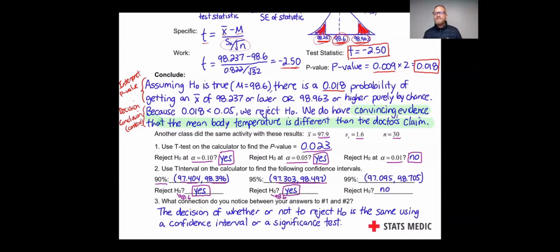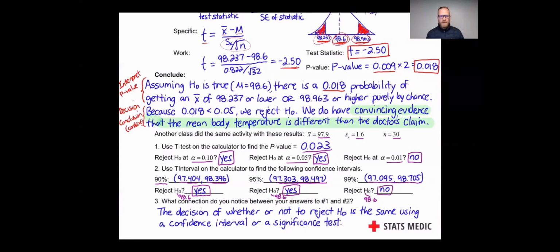But when we get over to the 99% confidence interval and we look for that null hypothesis value of 98.6, sure enough, this time it is contained within the interval and is therefore a plausible value, and we would fail to reject the null hypothesis.